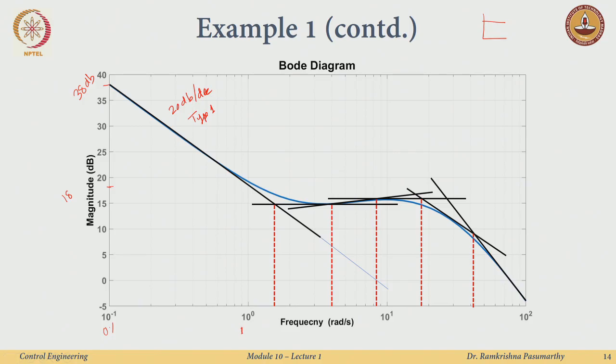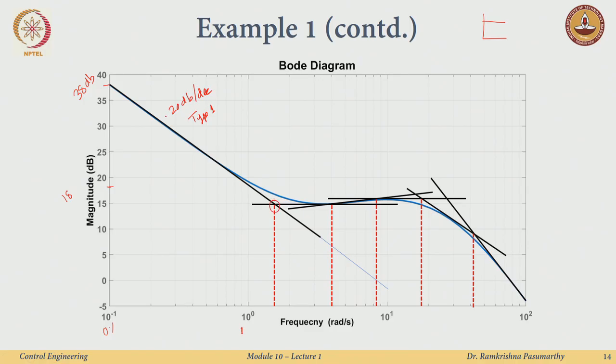Now second thing we need to identify are the corner frequencies. I start at a slope of minus 20 dB per decade here, and I see that my slope changes from minus 20 to 0 dB here, right. So at this corner frequency, we'll identify what this is.